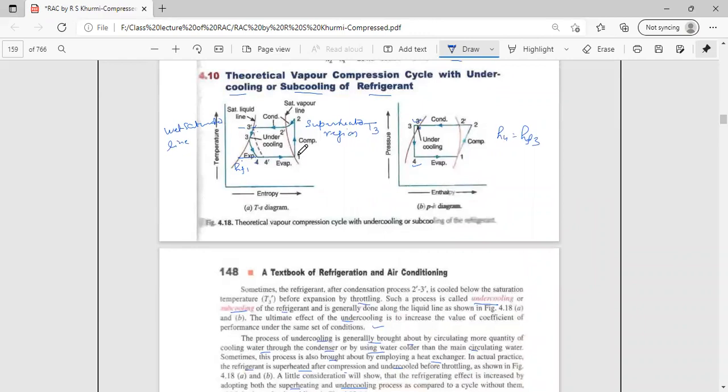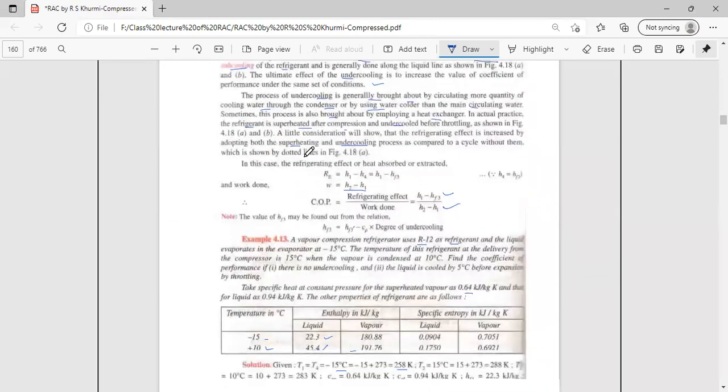At the point 1, what is the dryness fraction, what is the amount of refrigerant present at the point 1 itself.